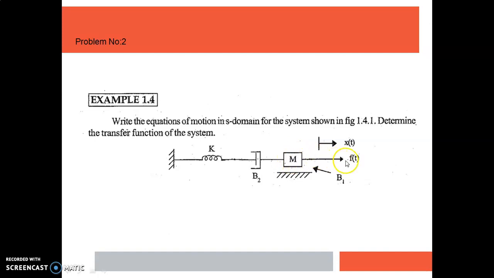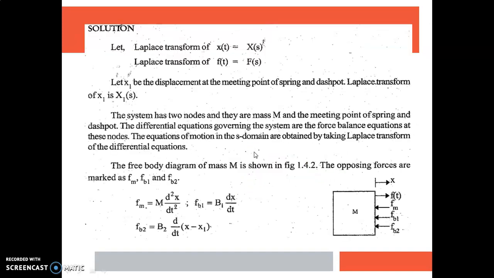Then there is an applied force F of t, and there is a friction between the surface and the mass body, B1, and there is B2. Applied force F of t, opposing force due to mass Fm, opposing force due to the friction Fb1 and Fb2. So this is the free body diagram of the mass element M.